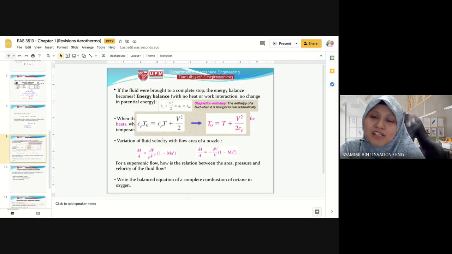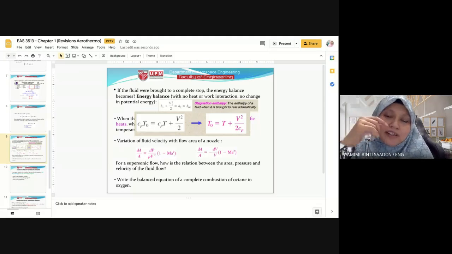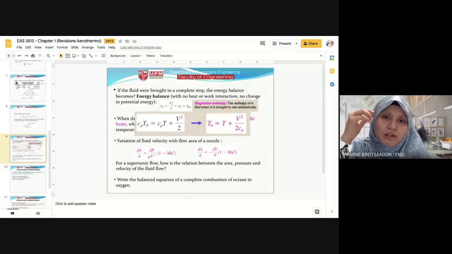We assume here Cp is constant, but actually the correct way is that Cp is a function of temperature. So it is not correct if you assume Cp is constant.